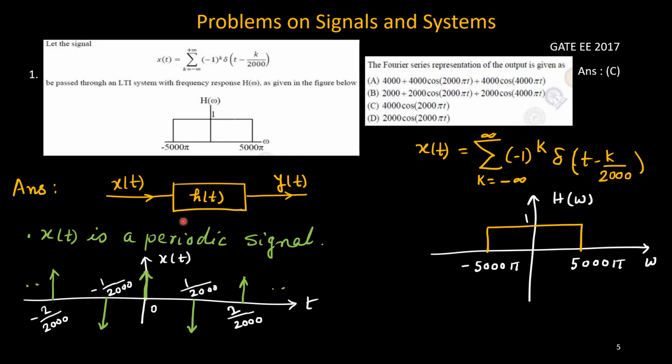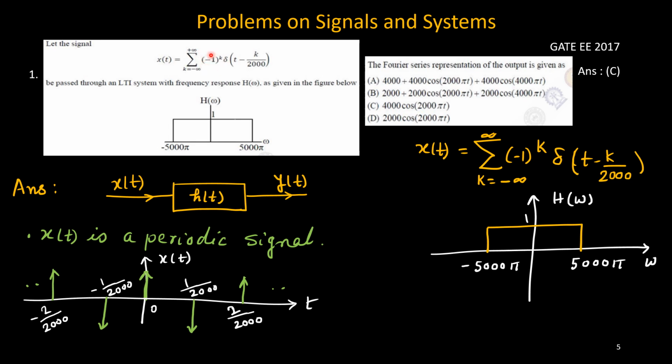With k equal to 0, it is simply δ(t), meaning I have one impulse at t equal to 0. Then if I consider k equal to 1, it is -δ(t - 1/200).